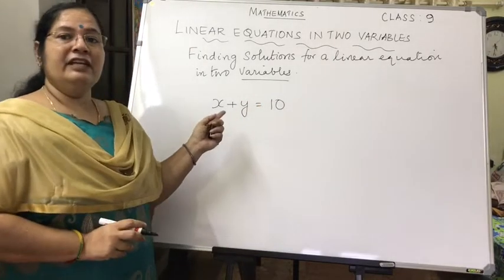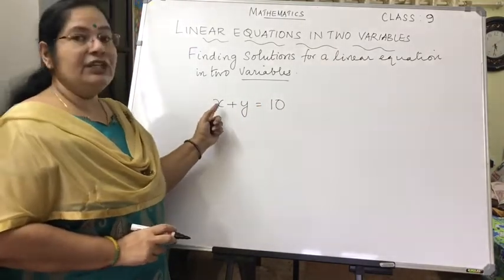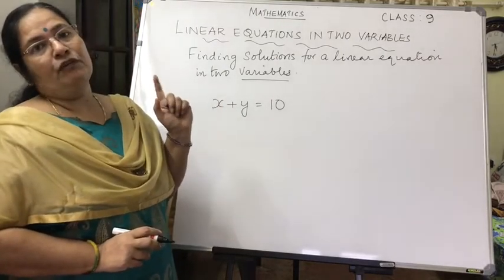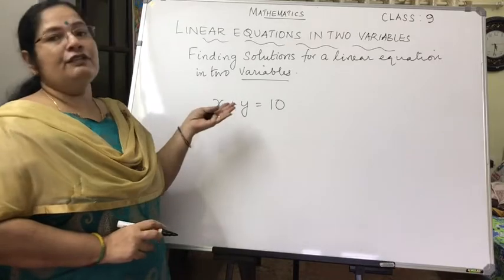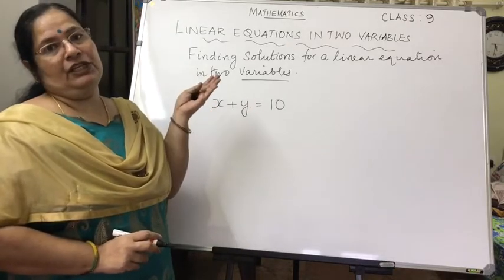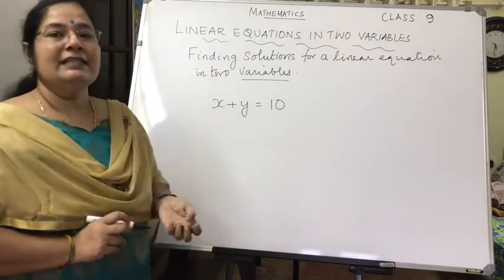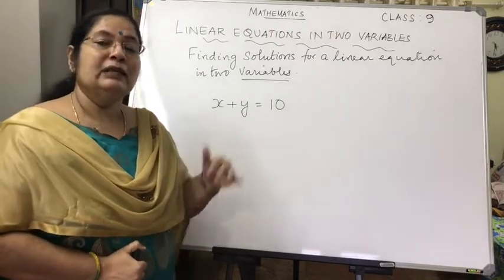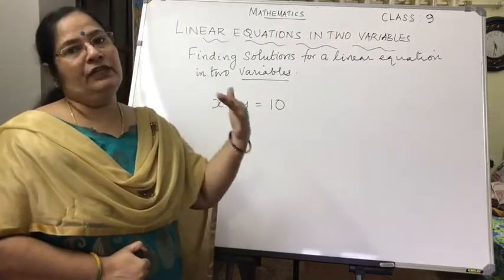Let us see how we are going to find a solution. Suppose we have a linear equation in two variables, x plus y equals 10. Now I am going to find out the solutions for this equation. Always it is better that you write one variable in terms of the other.